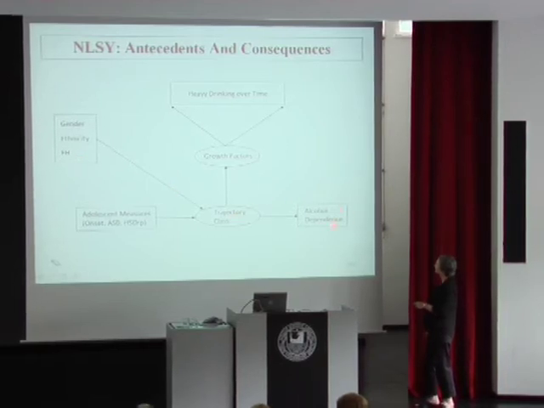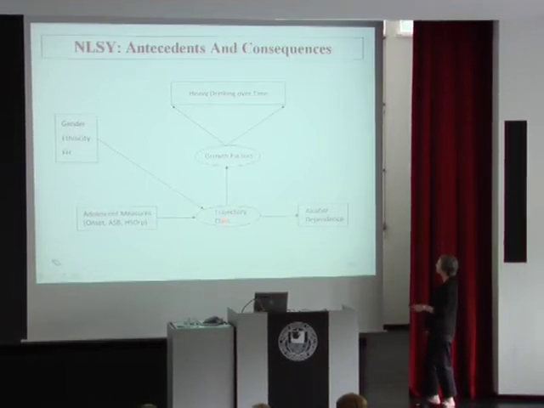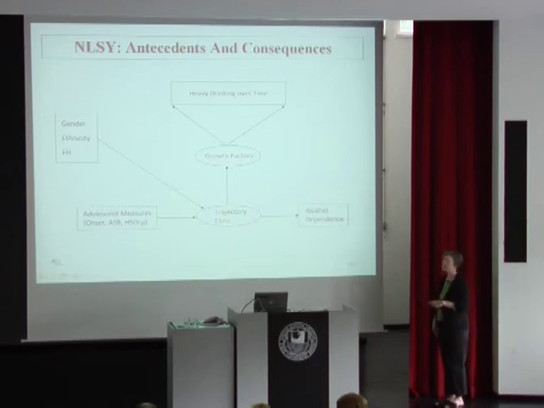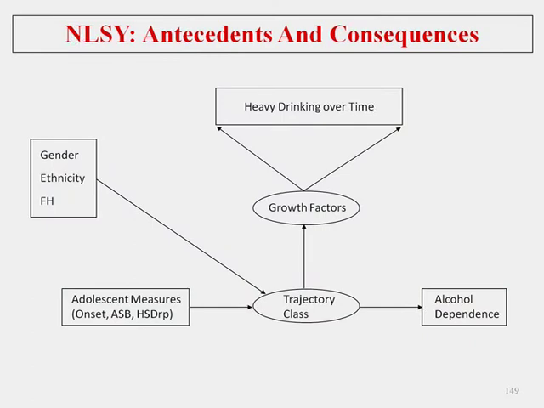The distal outcome information, so trajectory classes causing alcohol dependence, we find in the variation of the means across the trajectory classes.